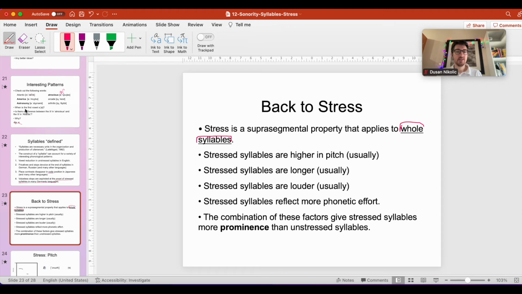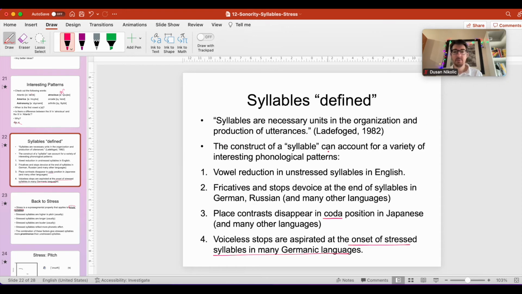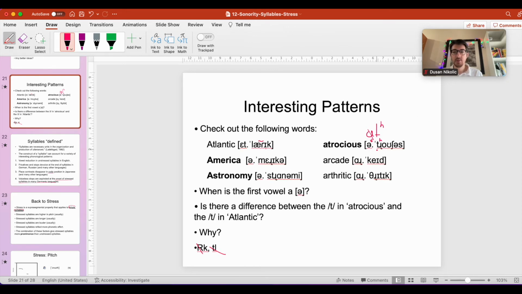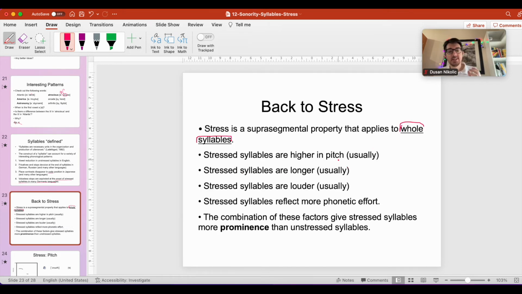So stress is a property that applies to the whole thing. So in atrocious, maybe here you would have it, this is a stressed syllable, and stress applies to it. So it's superimposed upon that part. And syllables that are higher in pitch are stressed. Syllables that are longer are usually stressed.